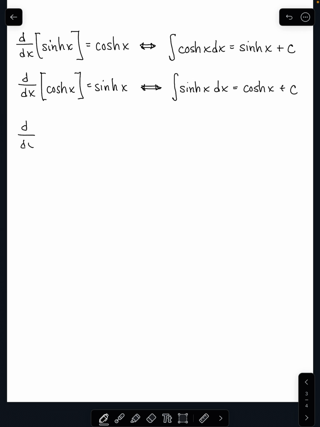If the derivative of hyperbolic tangent of x is equal to hyperbolic secant squared of x, then the equivalent integration statement would be that the antiderivative of hyperbolic secant squared of x dx is equal to hyperbolic tangent plus c.